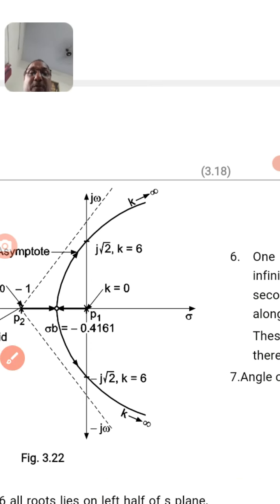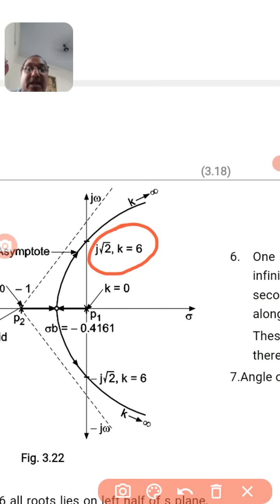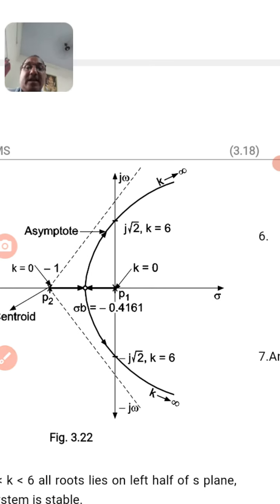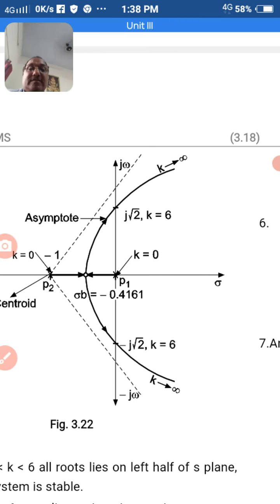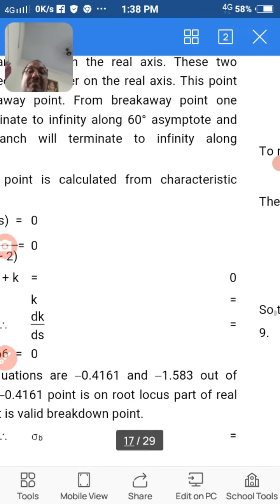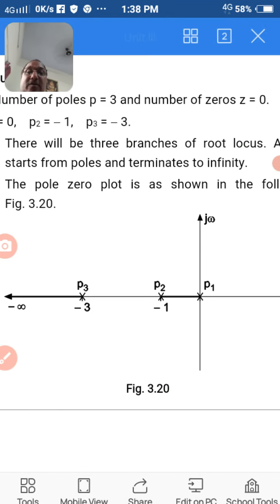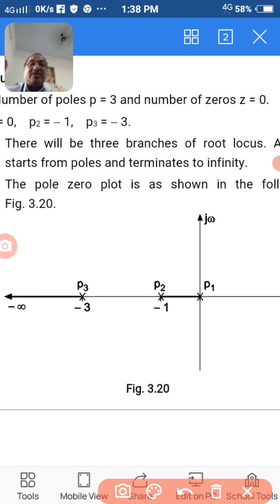Now how to plot it? Okay, let us plot this on blank. First of all, we found P1, P2, P3.